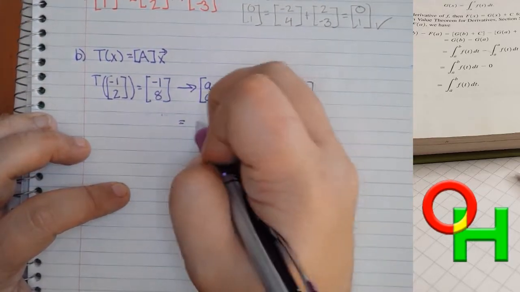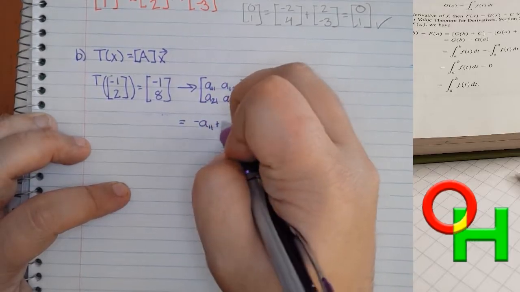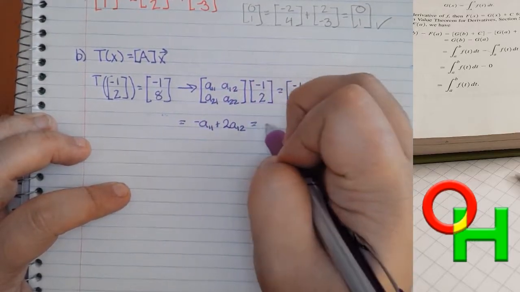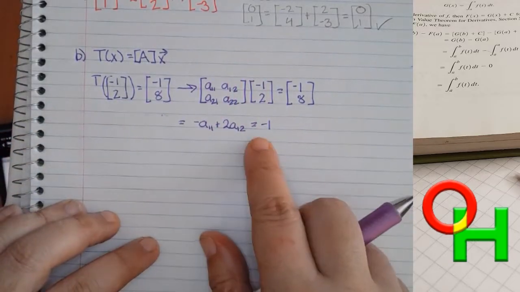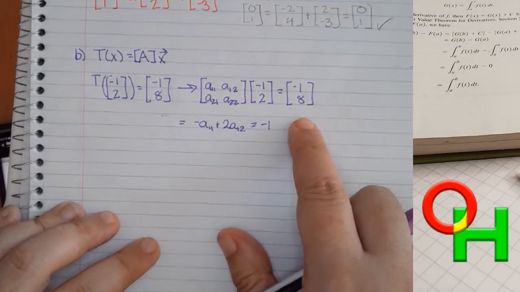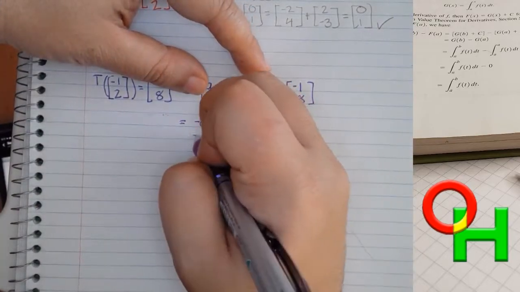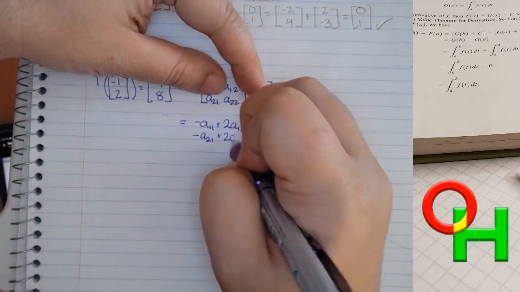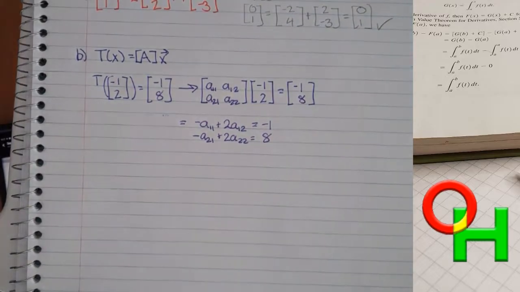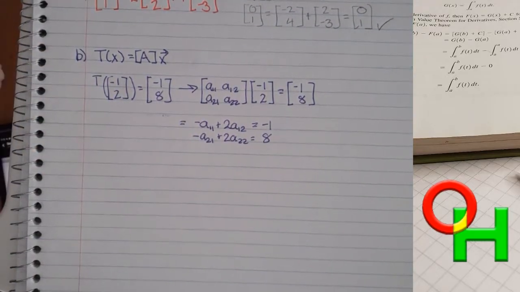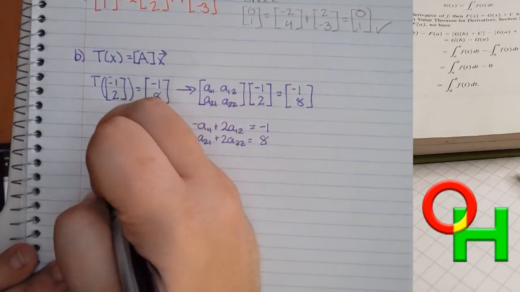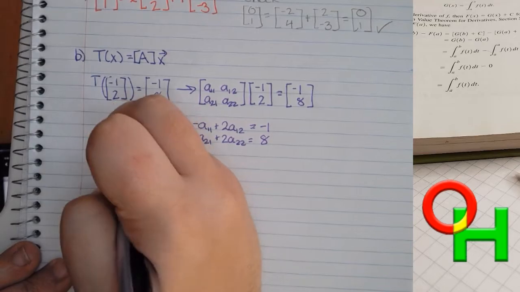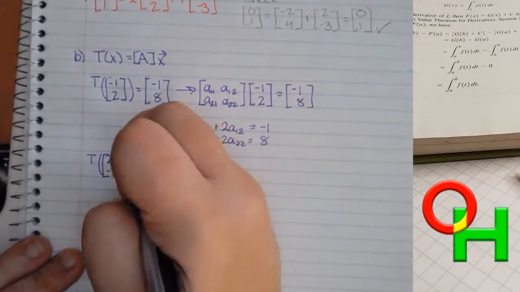Basically, this is what this matrix equation is telling me. I can multiply the left-hand side and set my result equal to the right-hand side. I can do the same thing for the bottom row, so I have -a21 plus 2a22 equals 8. Again, these are not enough equations for the amount of unknowns.